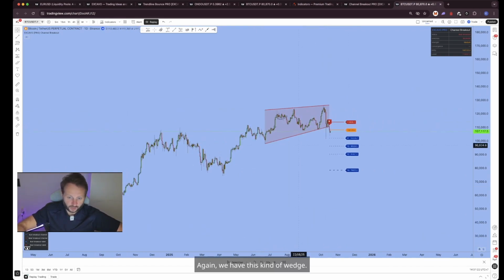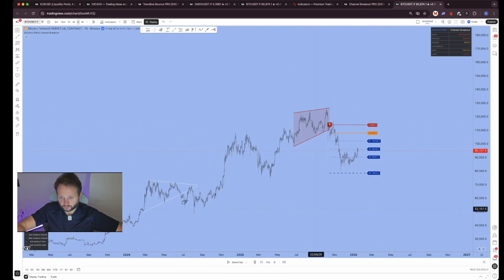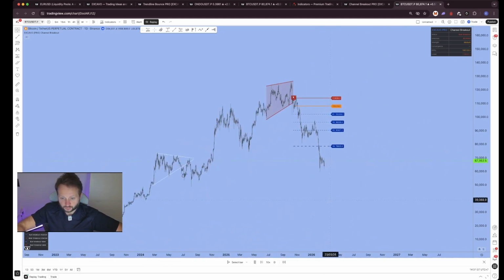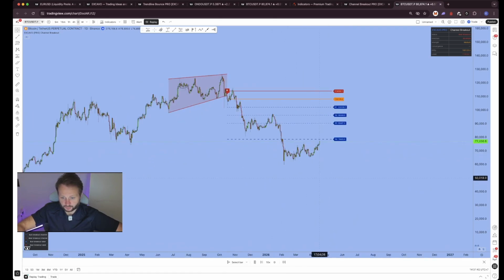Okay, again, we have this kind of wedge. Well, as you can see, a perfect setup, up to the third or even the fourth target. Up to the fourth target, and what do we see next?